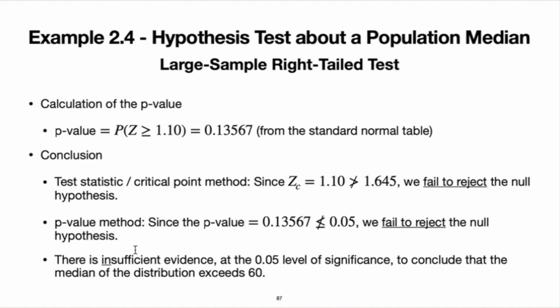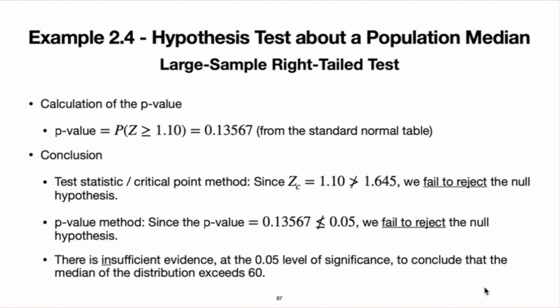Using the p-value method, since the p-value, which is 0.13567, is not less than or equal to the specified level of significance, 0.05, again we fail to reject the null hypothesis. So using either of these methods, we fail to reject the null hypothesis. In stating our conclusion, we say that there is insufficient evidence at the 0.05 level of significance to conclude that the median of the distribution is greater than 60.